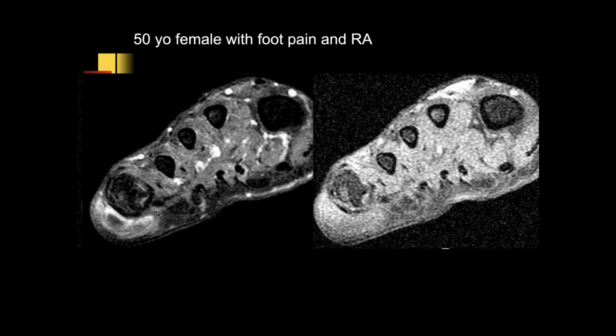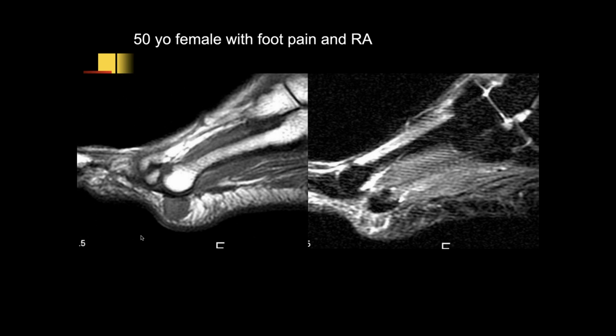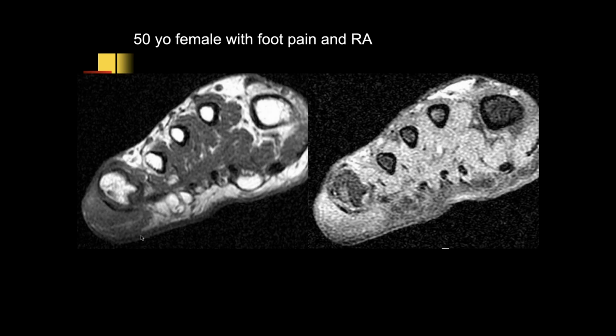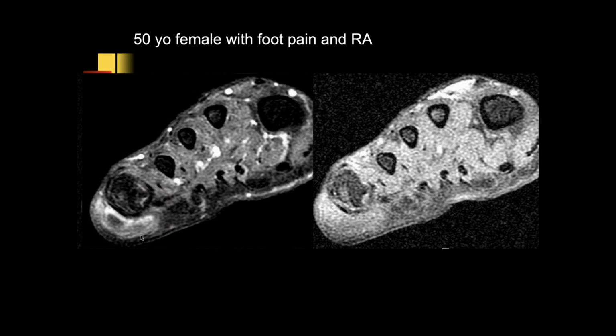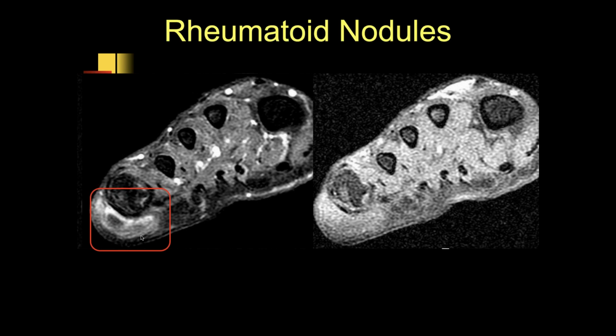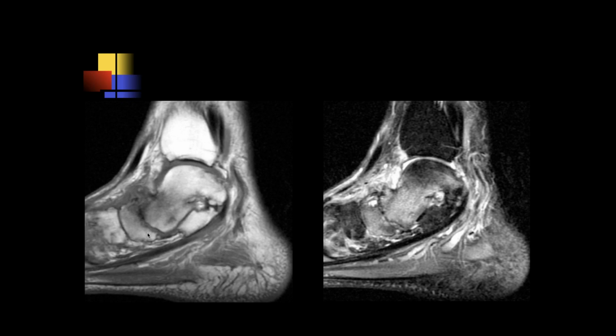Here again, we see some surrounding peripheral enhancement on post-contrast images, and it's on the 5th MTP joint, so most likely this is a rheumatoid nodule. Yeah, right. Okay, right. And that was a rheumatoid nodule. It looks a lot like a pressure lesion in a case like this.